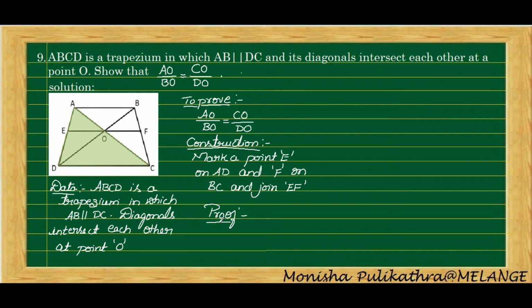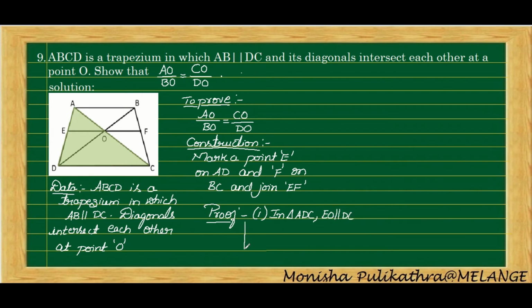Next, going to the proof. Here you can see two triangles have been formed: triangle ADC and triangle ABC. We need to take both the triangles. First I will take triangle ADC. In triangle ADC, EO is parallel to DC.